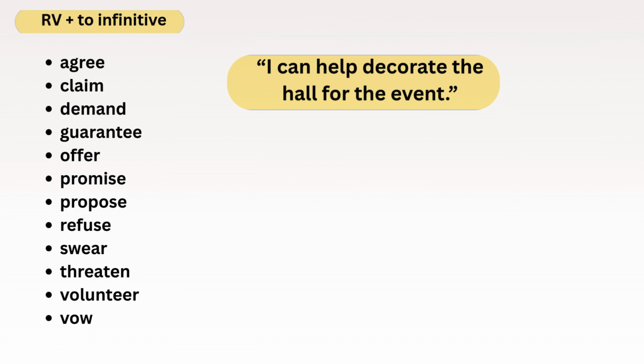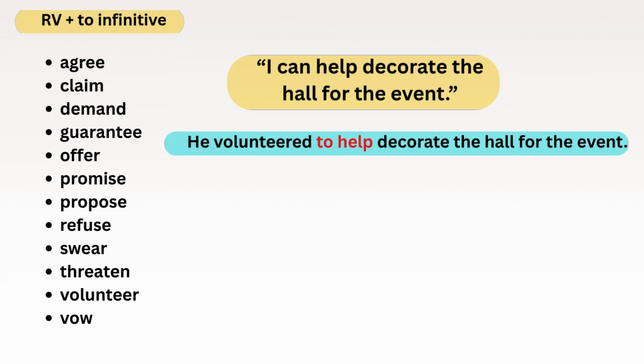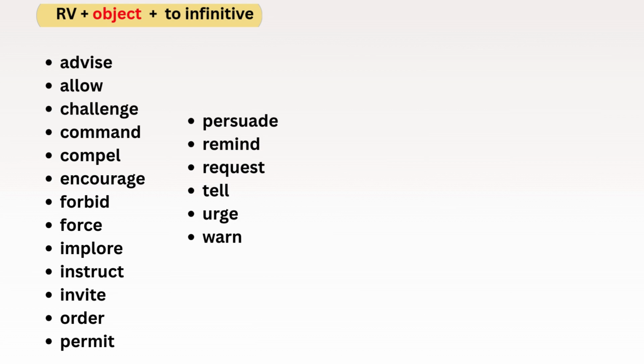I can help decorate the hall for the event. He volunteered to help decorate the hall for the event. Sometimes, you remember, we can use an object between the structures as it was explained before in other patterns, and you can see a long list of those verbs after which we should use an object before the infinitive.